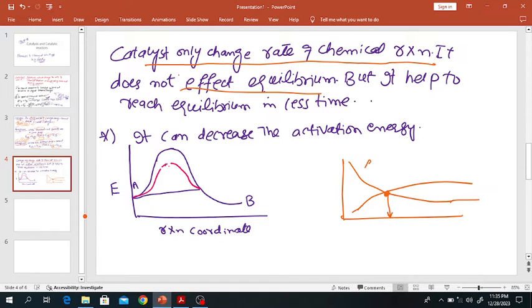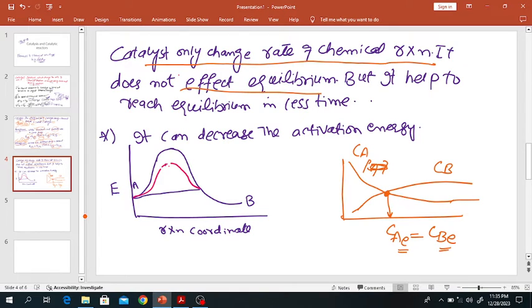This is the concentration of A, Ca, and this is the concentration of B, Cb. So here this is the equilibrium concentration of A and the equilibrium concentration of B. This is without catalyst.